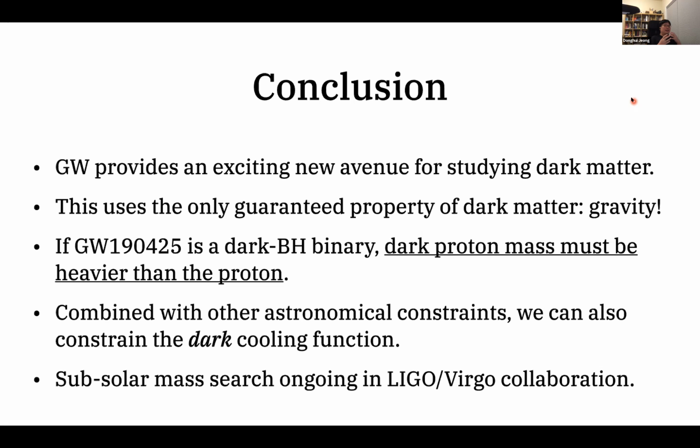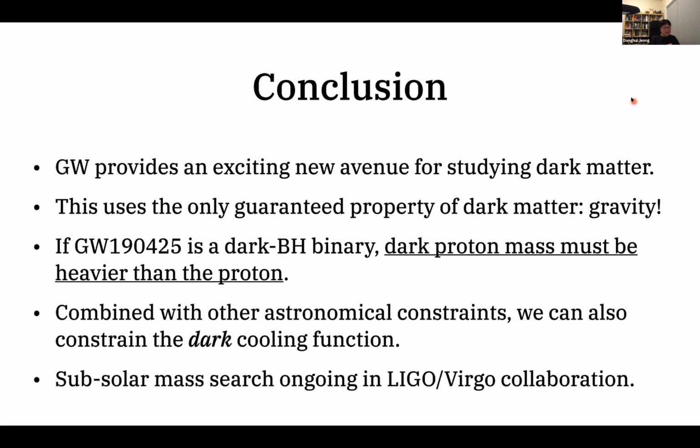And then, as I showed you before, if GW190425 turns out to be a dark black hole binary, then that tells us that the dark proton mass must be heavier than the standard model proton. And by combining the other astronomical constraints, we can also constrain the cooling function itself. Okay.